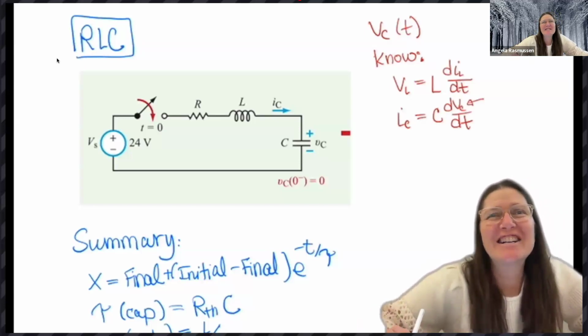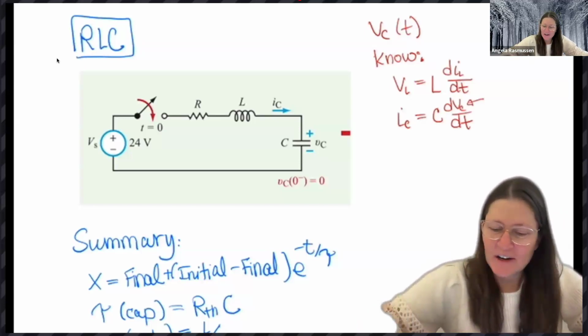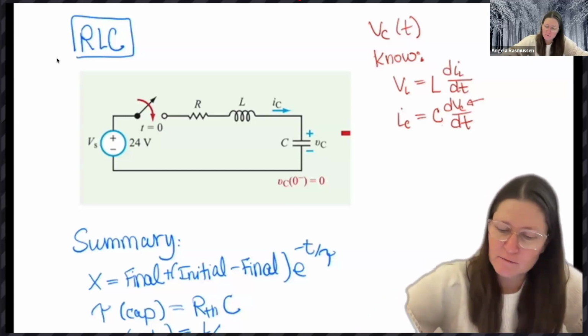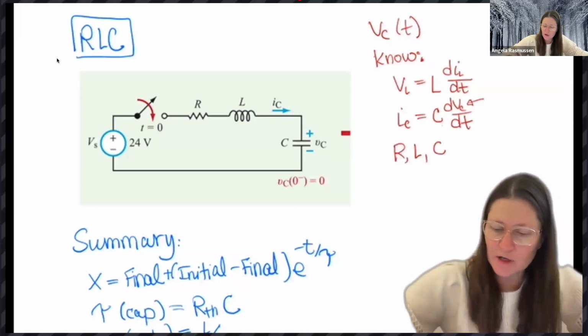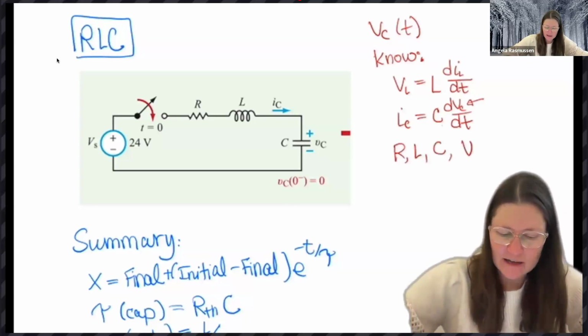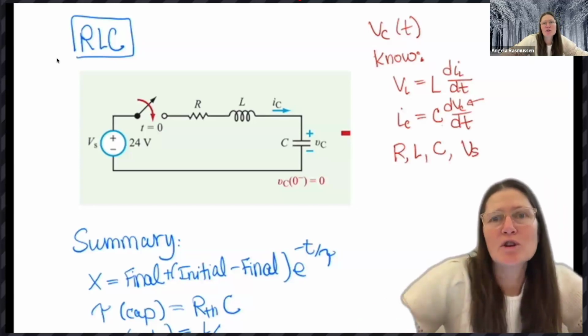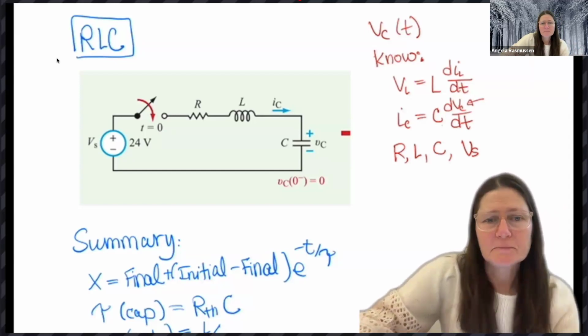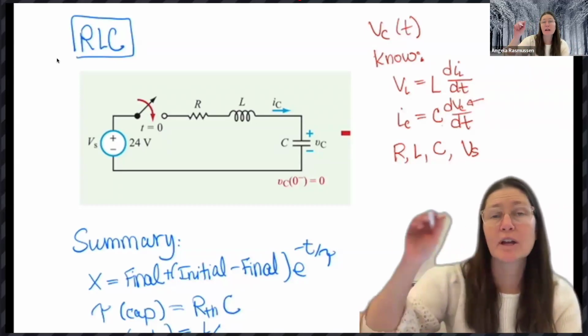We're assuming C is known, so we know R, L, C, and the voltage VS. These are all our known values. So from here, we want to write that loop.